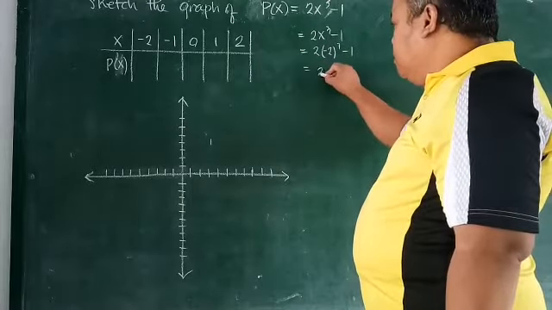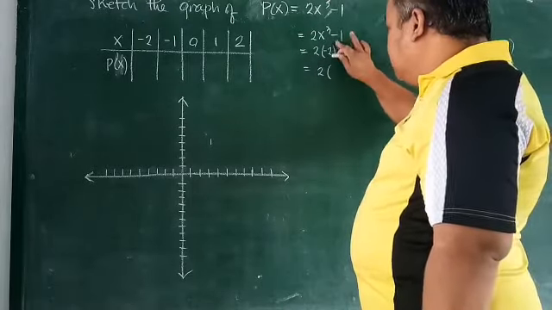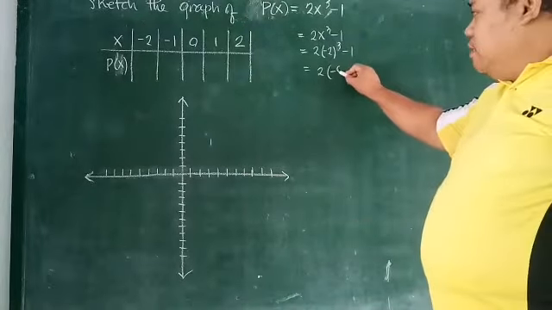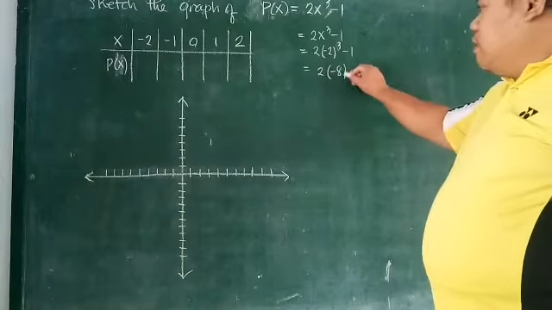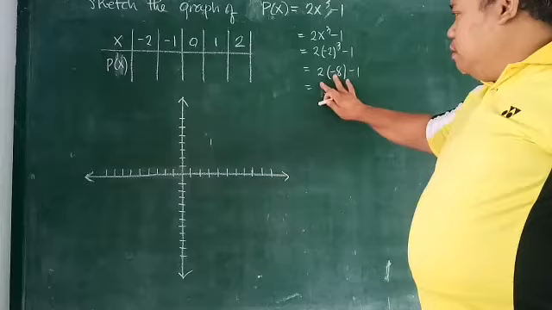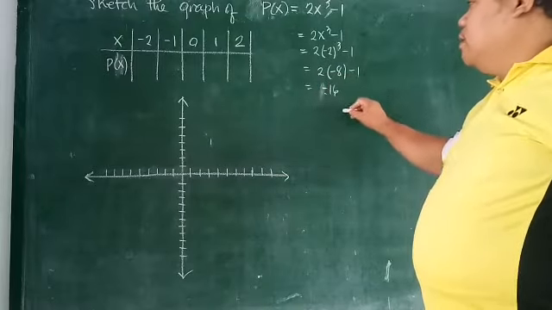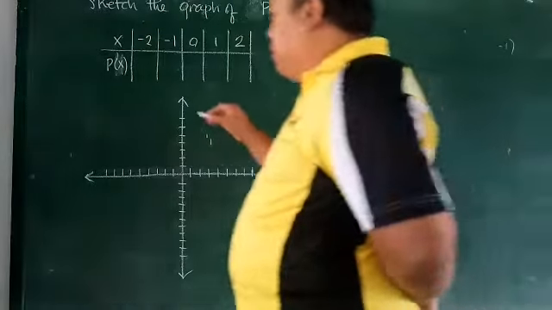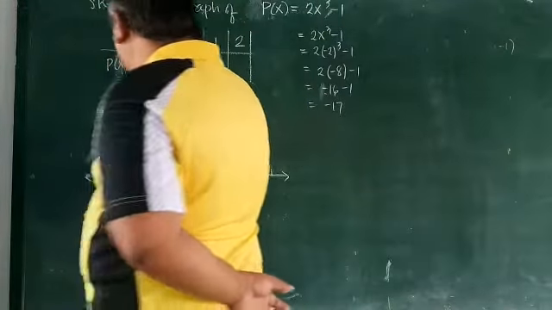So this becomes 2 times negative 2 cubed. This one becomes negative 8, and then 2 times negative 8 is negative 16. Negative 16 minus 1 is negative 17.